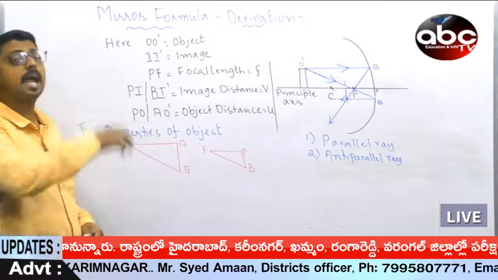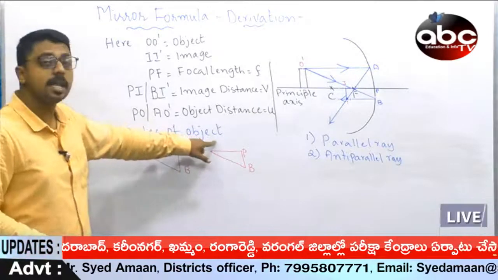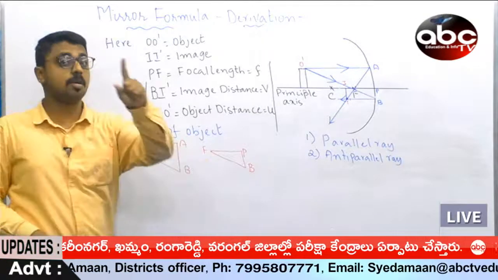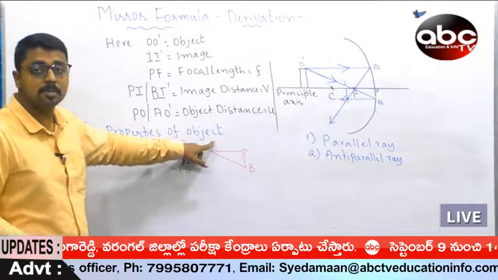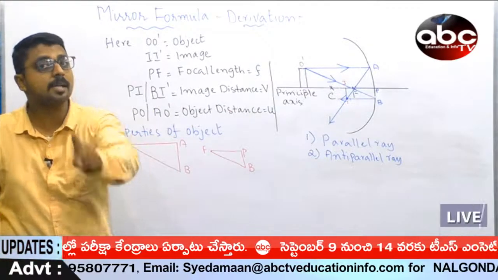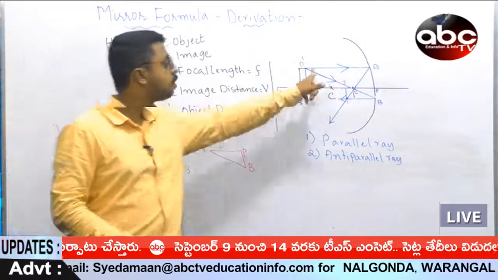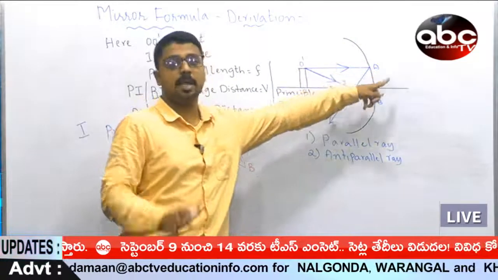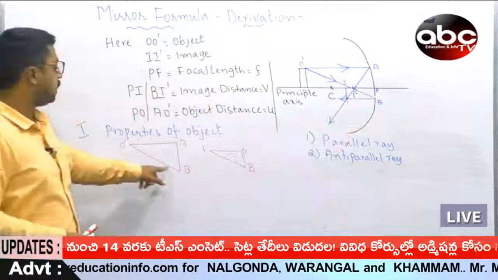Why am I taking these two triangles, observe one thing. We are going to study the properties of the object. Do not get confused. Listen carefully. To observe the properties of the object, we must take the triangles linked with the incident light rays. What are the incident light rays? First ray O dash A is an incident light ray. O dash B is also an incident light ray.